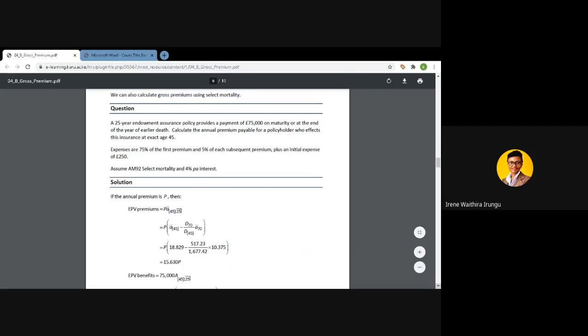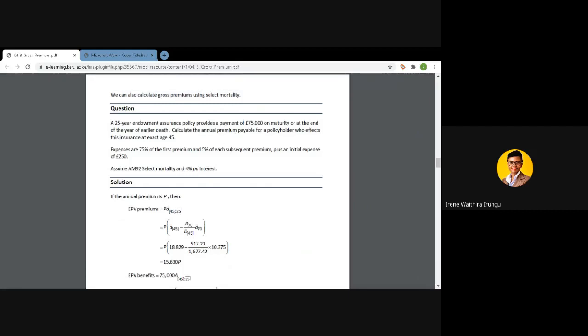So our premiums: you have said that we are considering these premiums to be payable in advance, so therefore we are going to be using an annuity due. Since this contract is lasting for 25 years and it is issued to a 45-year-old, we're not told that the premiums will stop being paid at any point in time. So this life will continue to pay premiums until the contract matures, either on death or on survival to the end of the 25-year term.